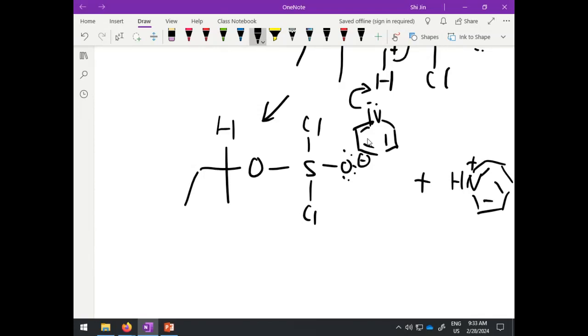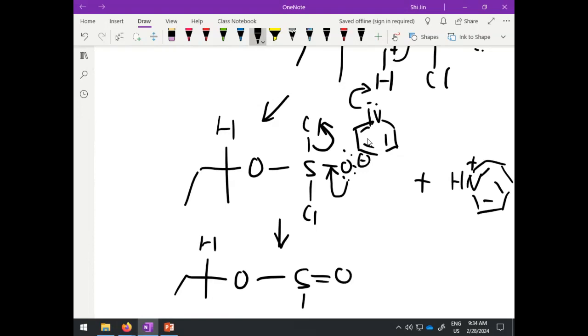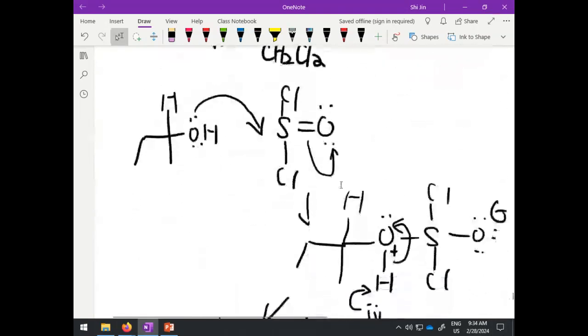Then the SO double bond wants to reform, and pushes the chloride away. You're going to see this type of mechanism quite a few times in organic two. You'll see it more often with the carbonyl group, but sulfur has very similar electron activity as carbon, so the SO double bond often behaves like the CO double bond.